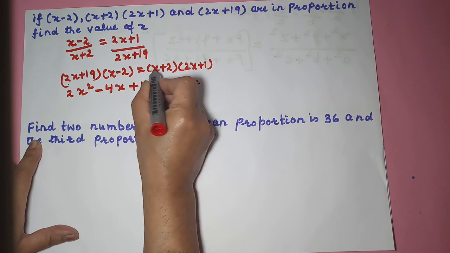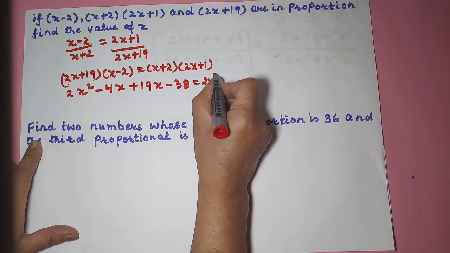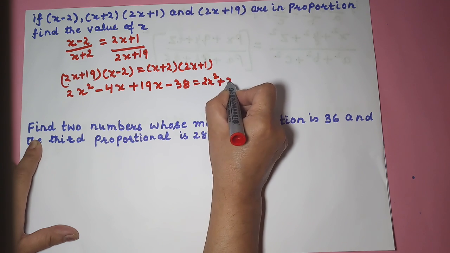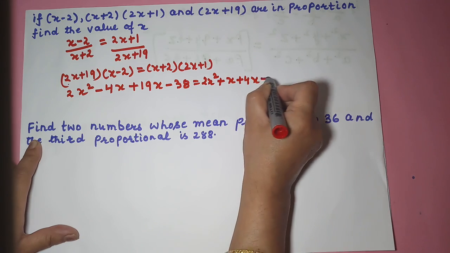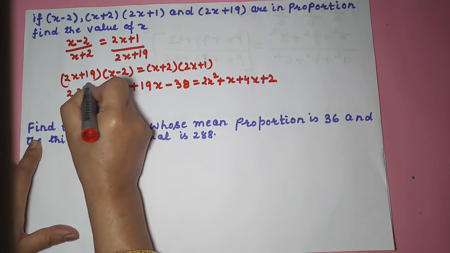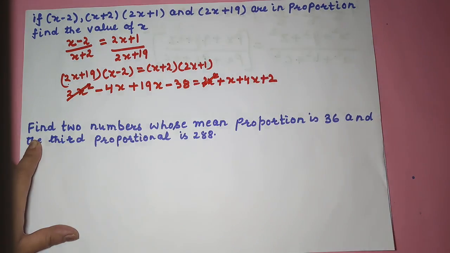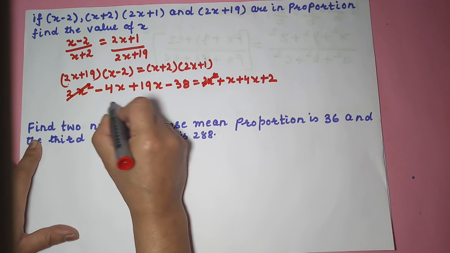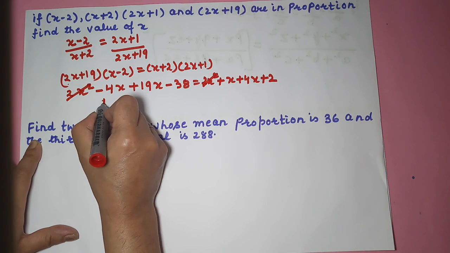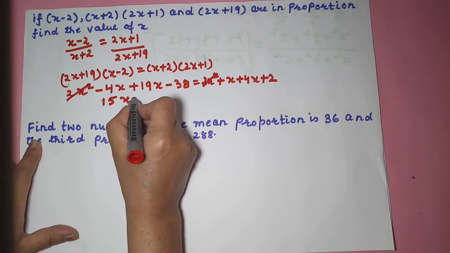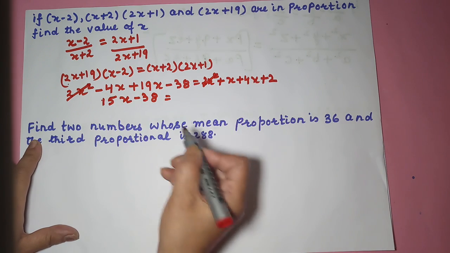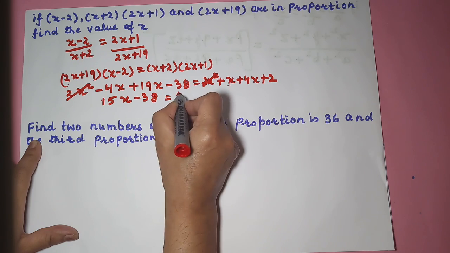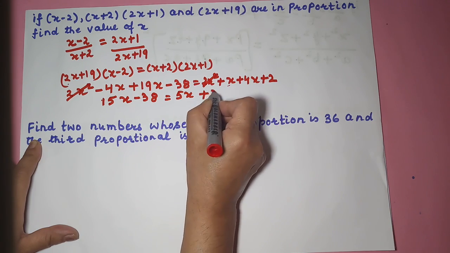Now this is equal to 2x square plus x plus 4x and then plus 2. So 2x square and 2x square will go. We are left with 19 minus 4 is 15x minus 38 equal to, this side we have 5x plus 2. 4x plus x is 5x plus 2.